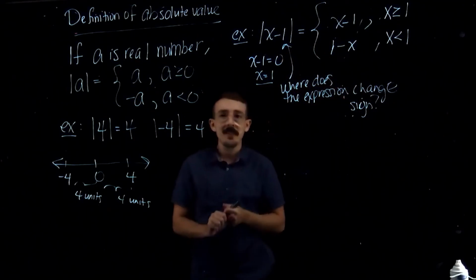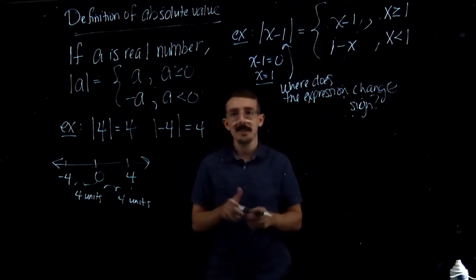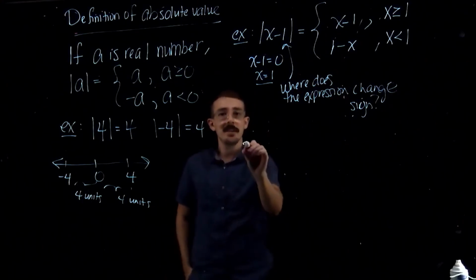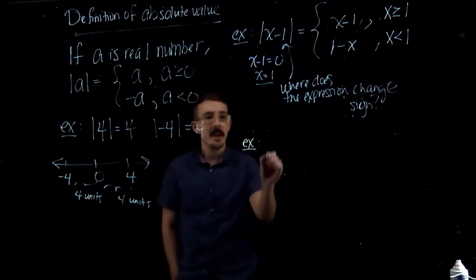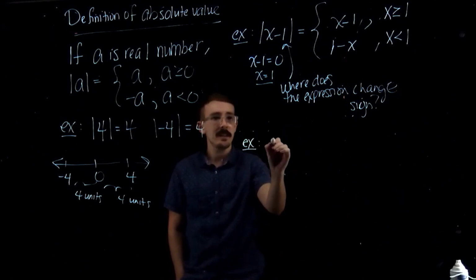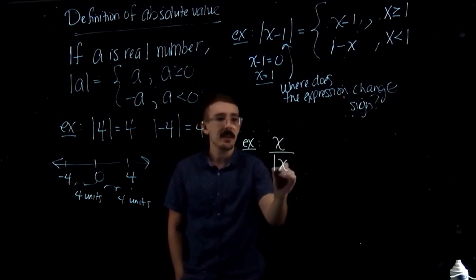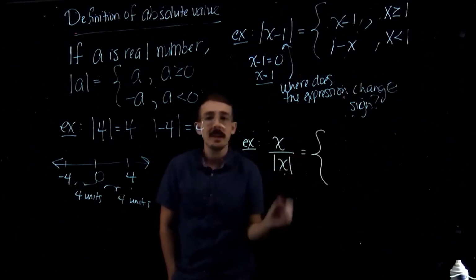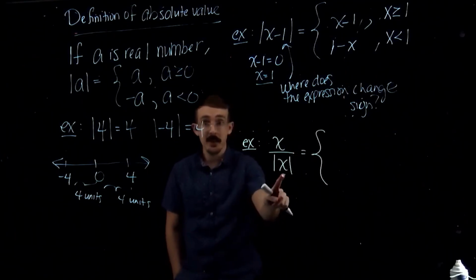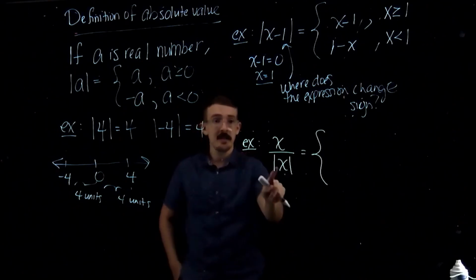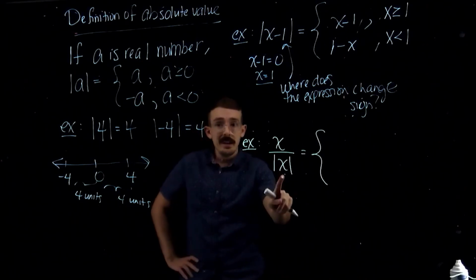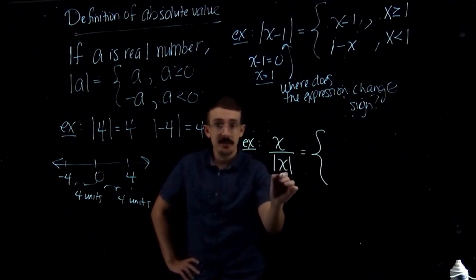All right, let's look at this final example of absolute value. So let's use the definition one more time. So we have an example, and we'll do x over the absolute value of x. So because of this absolute value sign, we're going to have two cases. When is this expression inside the absolute value positive?